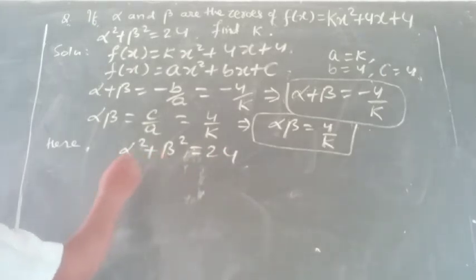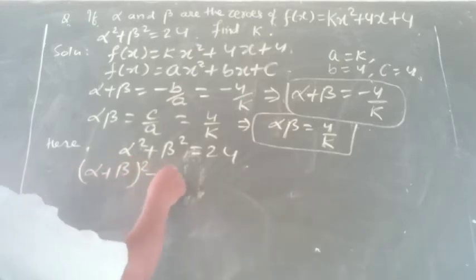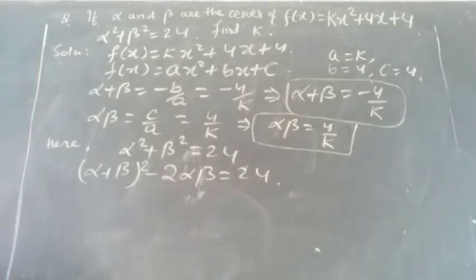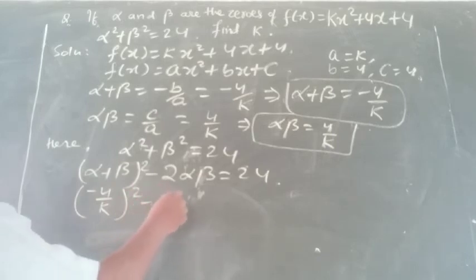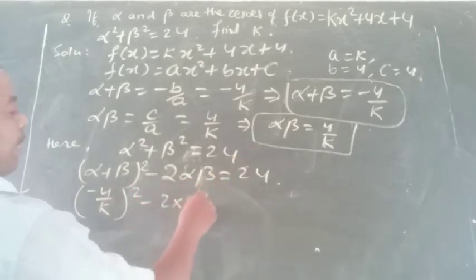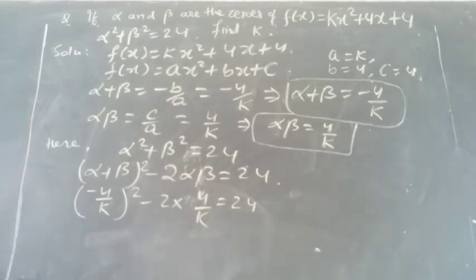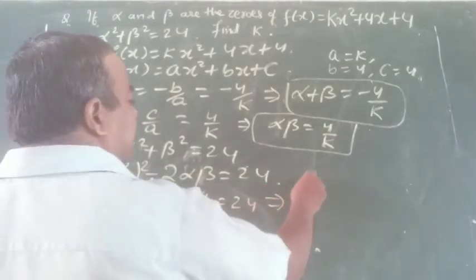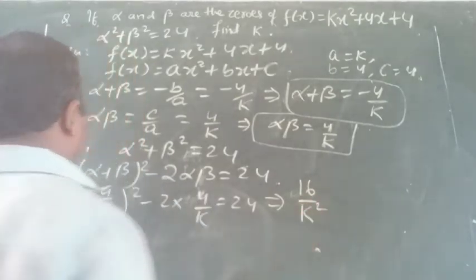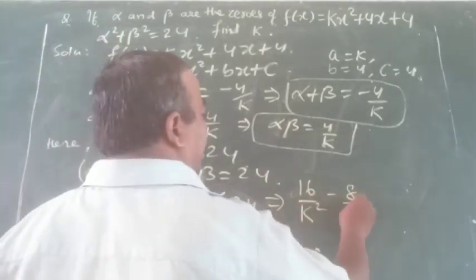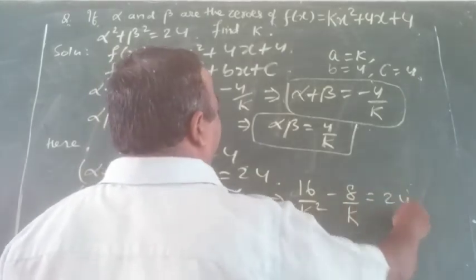So what is the formula of a square plus b square? a plus b whole square minus 2ab equal to 24. Alpha plus beta is minus 4 by k, whole square, minus 2 into alpha beta, 4 by k, equal to 24. Now just solve it. Here it will be 16 by k square minus 8 by k equal to 24.